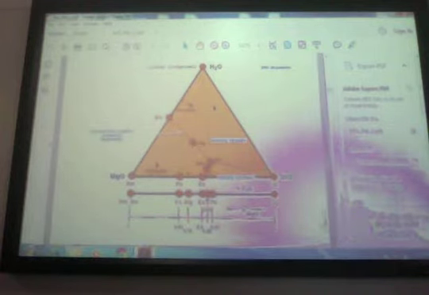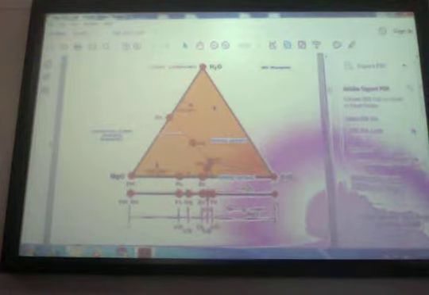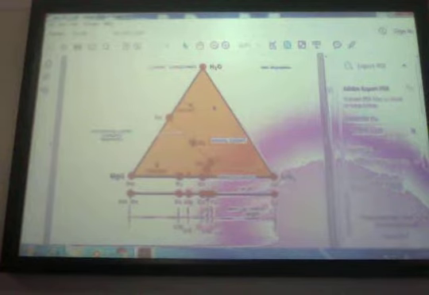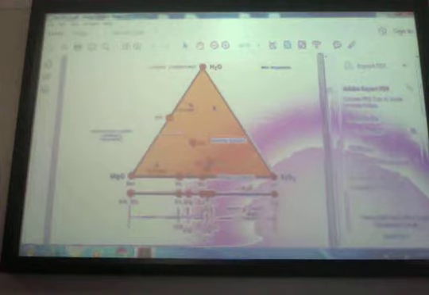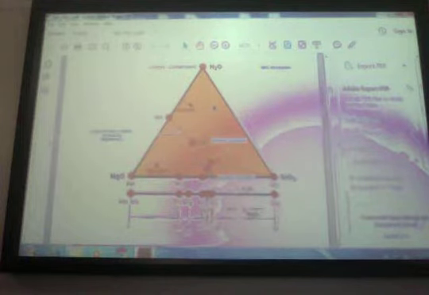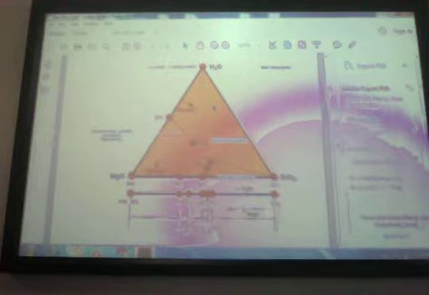So here we have our dipping slab. Here we have just our middle ocean ridge. You know this picture by now, yeah? So here we have our slab, and above we have our oceanic crust.